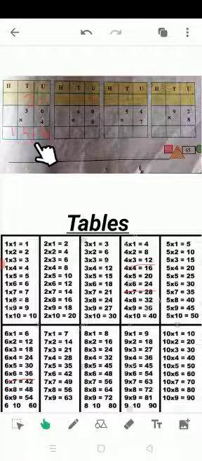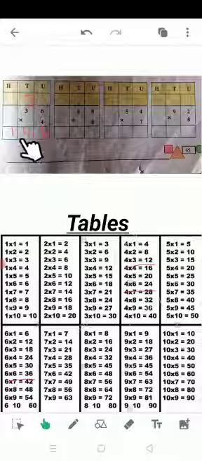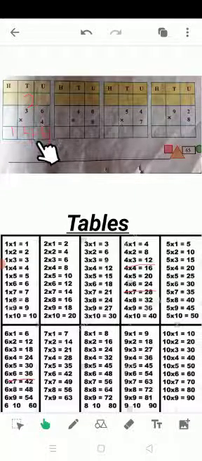The answer has come 14. 14 tens means 144. Our product is 144.